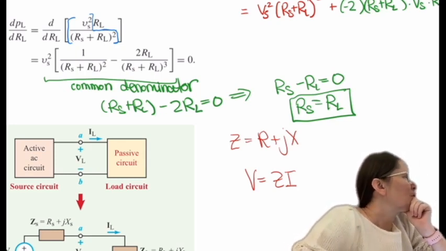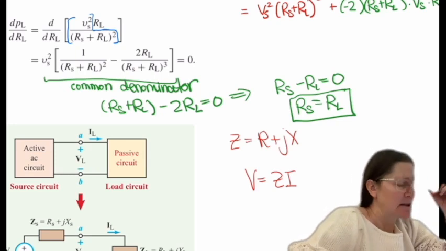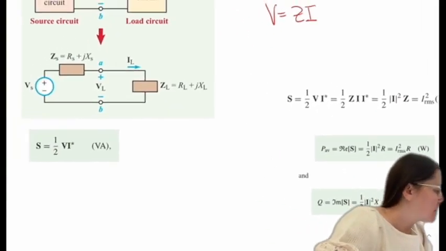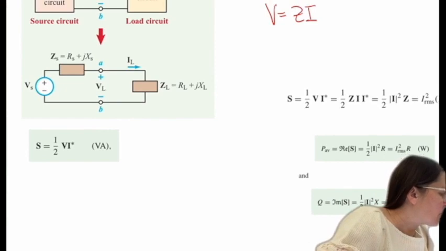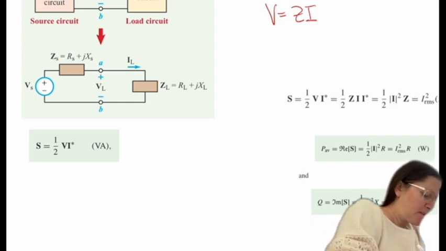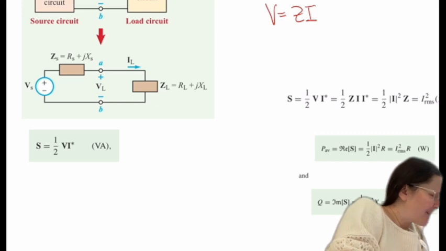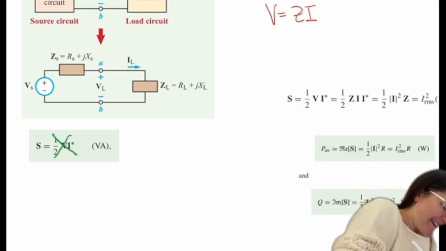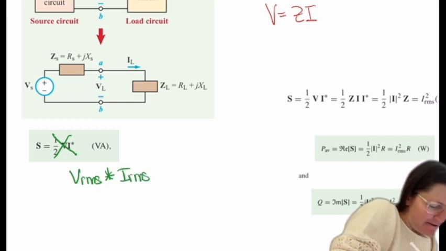Okay. So this is when there are R's. If they're Z's, it's going to be the same thing. So with Z's, the complex power, you use V. This is kind of written weird, but it's VRMS times the complex conjugate of IRMS.